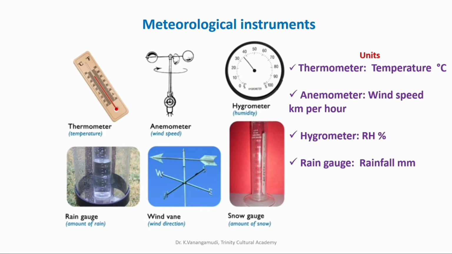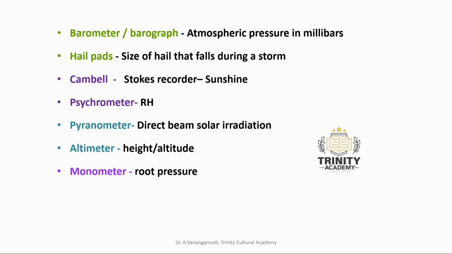Rain gauge is used to record rainfall in millimeter, while snow gauge is to record amount of snow. Wind vane is for wind direction. Atmospheric pressure is recorded using barometer or barograph and expressed in millibars, whereas size of hail that falls during a storm is measured by hail pads.